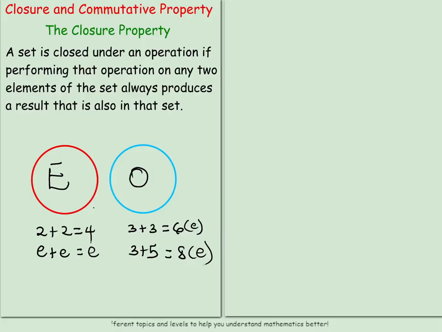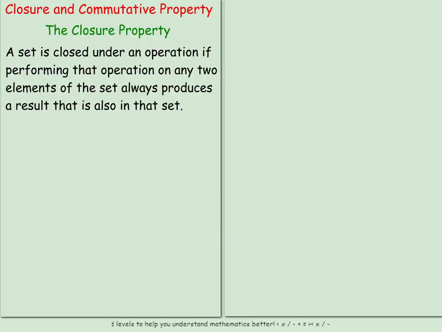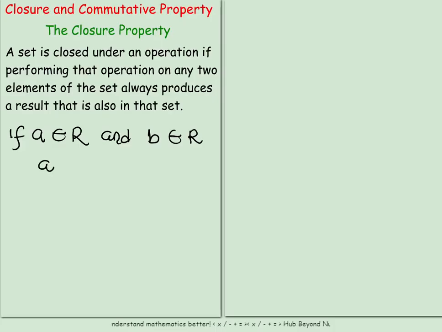Now we want to look at this case for real numbers. For real numbers, let's generalize it. You realize that if you take A, which is an element of the real numbers, and then let's take B as well, which is an element of the real numbers, you would realize if you take A plus B, that is, if you add A to B, the answer you get is also a real number.